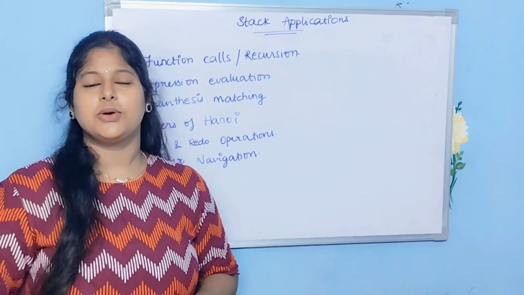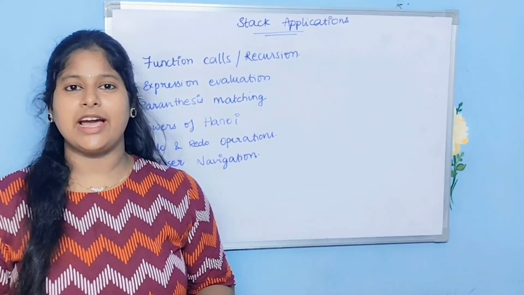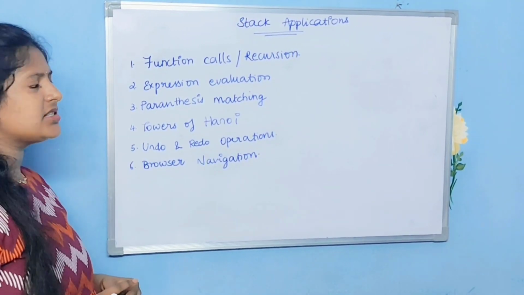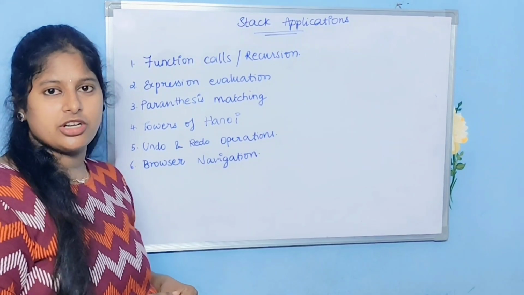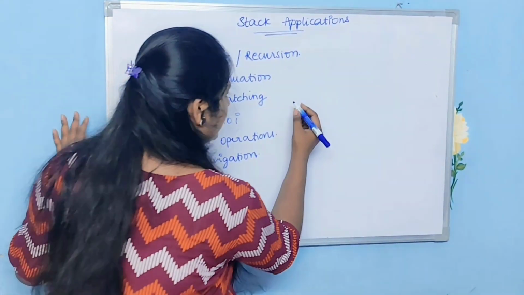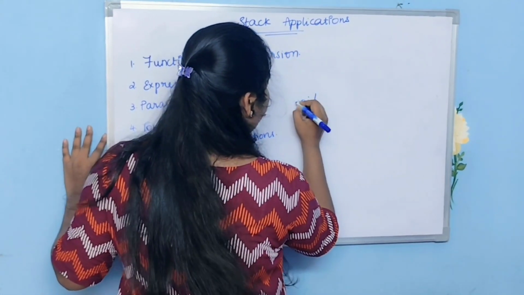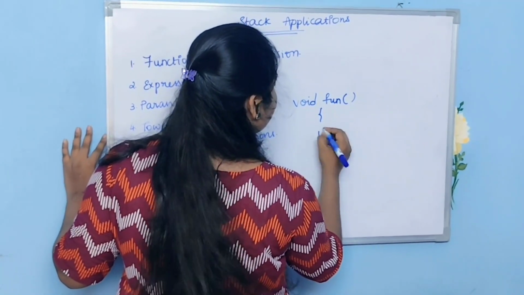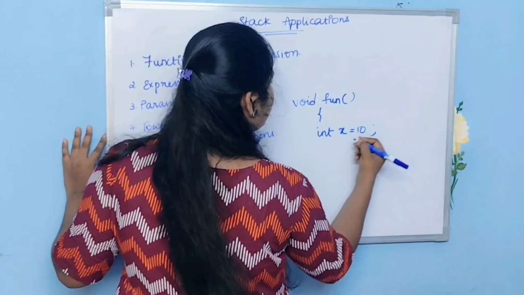Okay. So now let's see what are the stack applications. So these are some of the stack applications. My first application is function calls or recursion. What is meant by function call? Say for example, you have considered a function like this, void fun. You have declared a variable int x equals to 10, right?